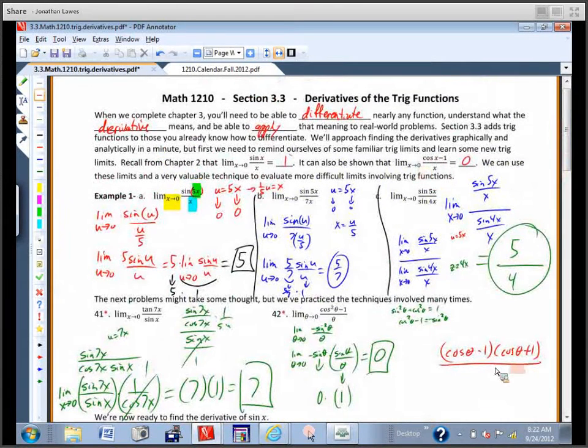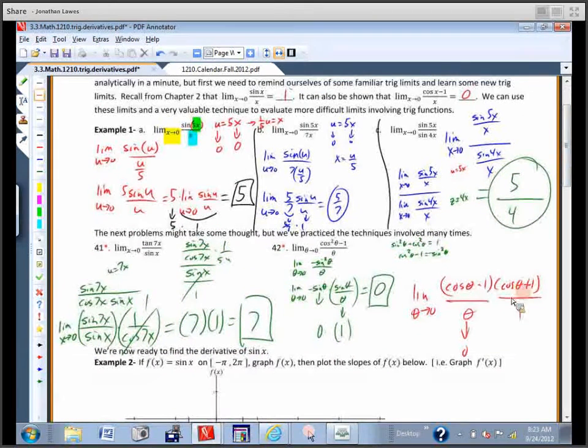So we'd write this over that one, put that over a 1, and then could you take the limit as theta approaches 0 on this one? That approaches 0. And what about this one? Plug in a 0, you get a 1 for cosine of 0, plus a 1, you get a 2. 2 over 1 is 2. The answer's still 0 either way. Both of those techniques are perfectly good. Okay, are there any questions?